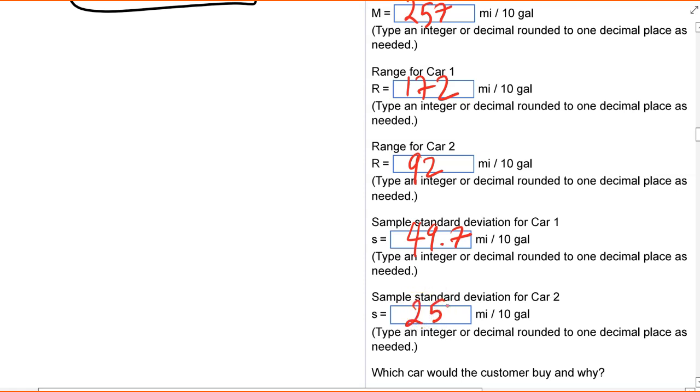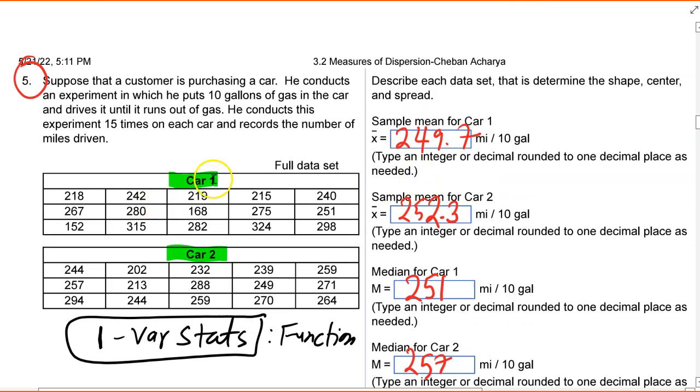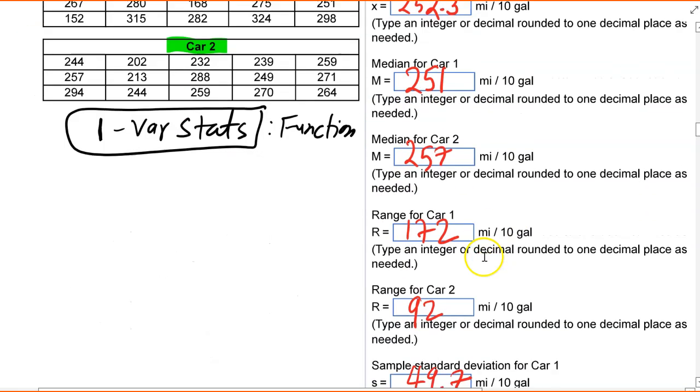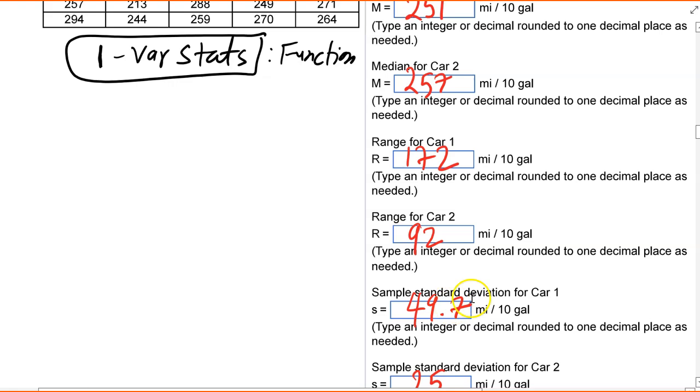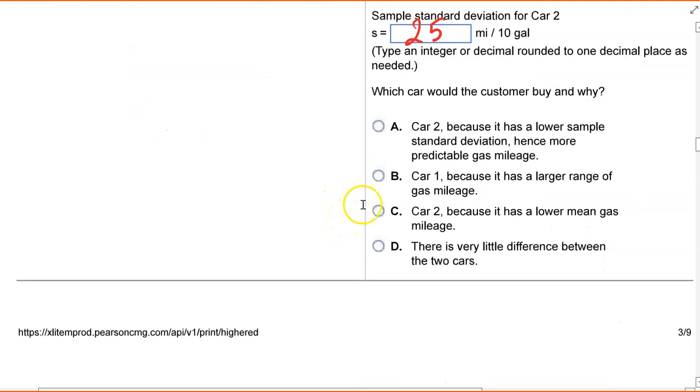Okay, again, all these numbers come from the calculator. You put in the car 1 data and find the mean, median, and standard deviation for car 1, and do the same thing for car 2. And let's answer the last question. Which car would the customer buy and why?